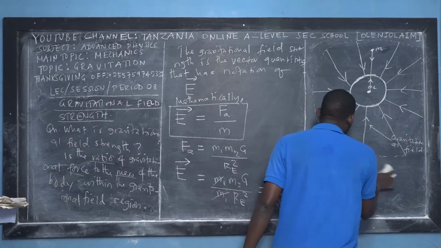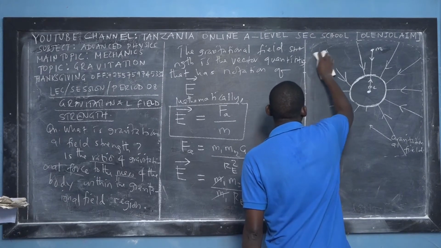That's the formula for gravitational field strength.